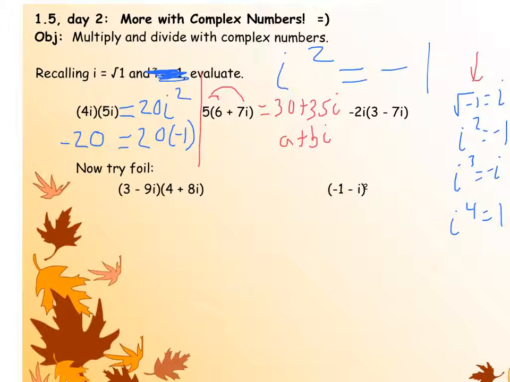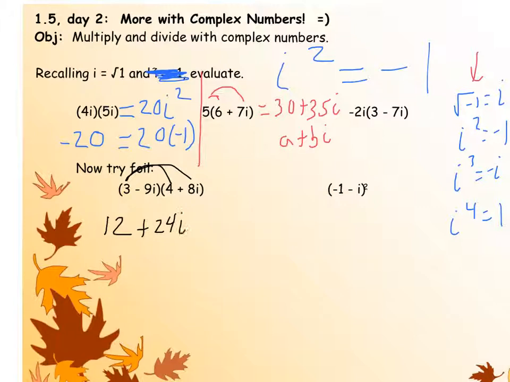Okay. Here we have the product of two complex numbers. Okay, and it comes out kind of like a FOIL problem. 4 times 3 is 12. 3 times 8i would be plus 24i.